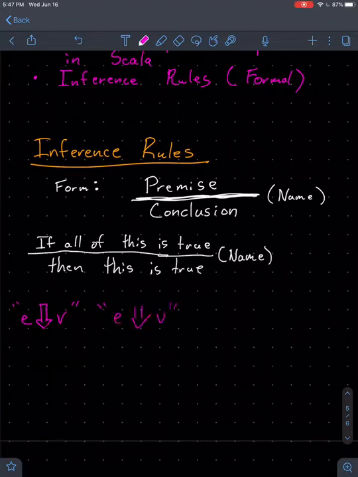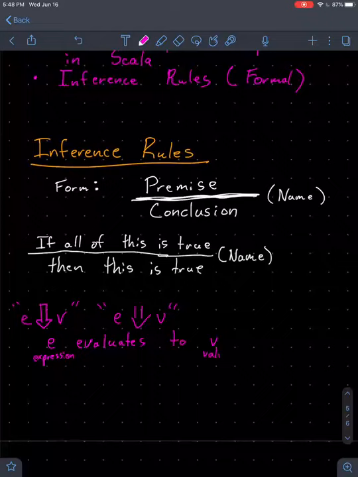It is pronounced E evaluates to V, where E is an expression and V is a value.